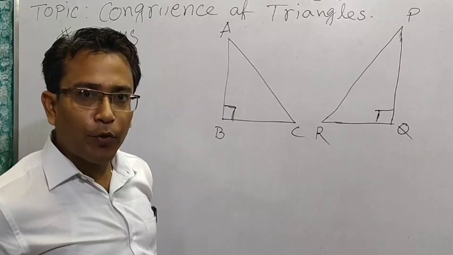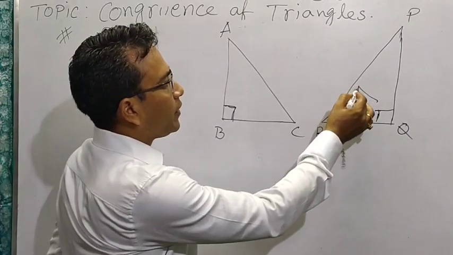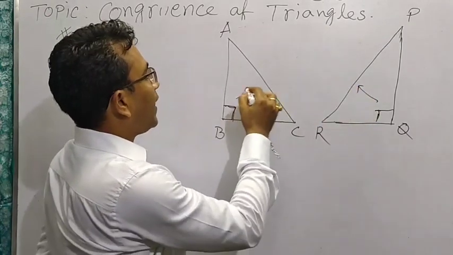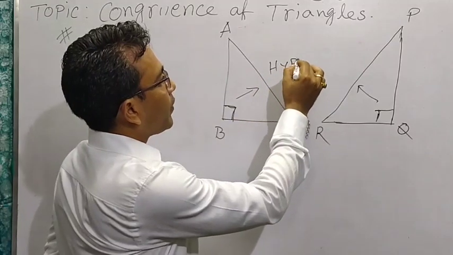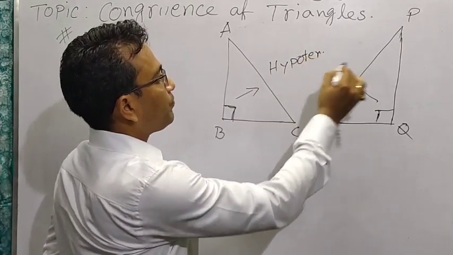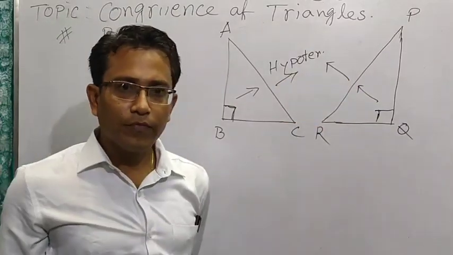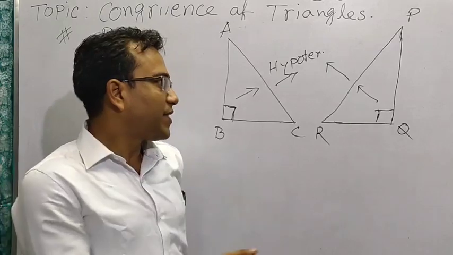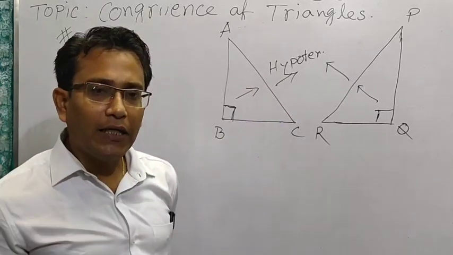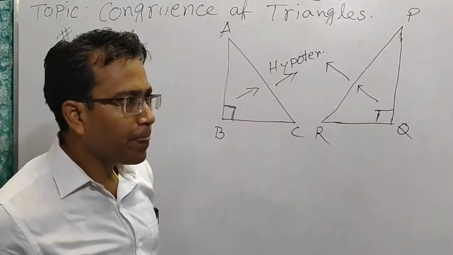We know what the hypotenuse is. The side opposite to the right angle is known as the hypotenuse. Here it is also.